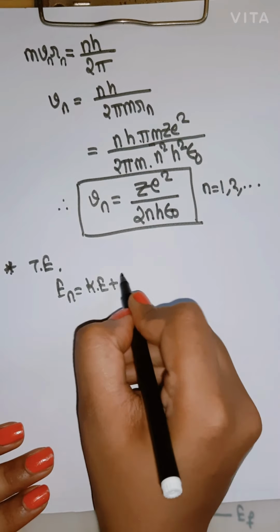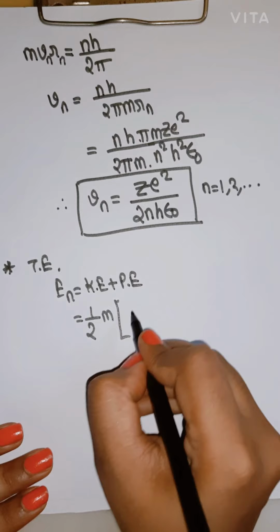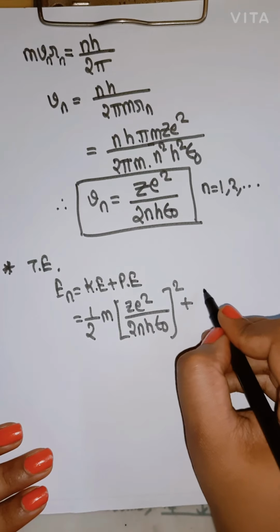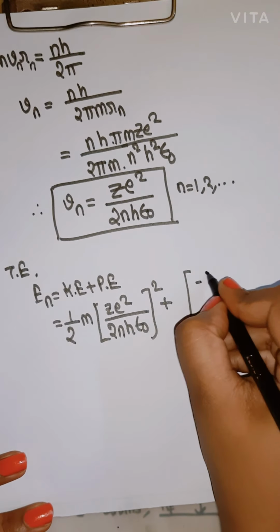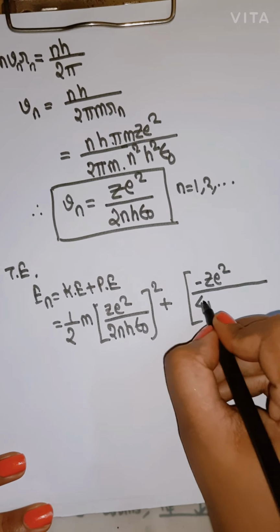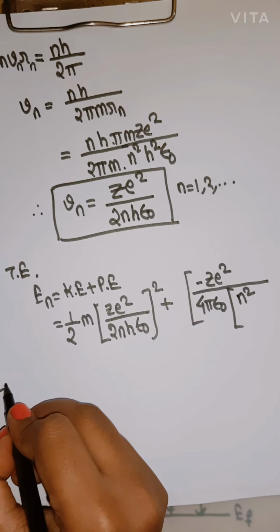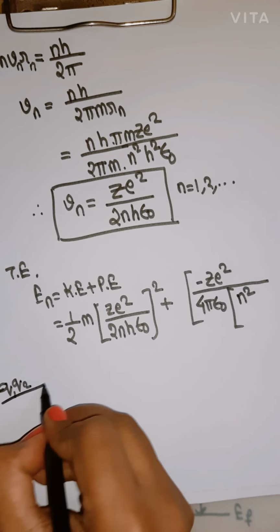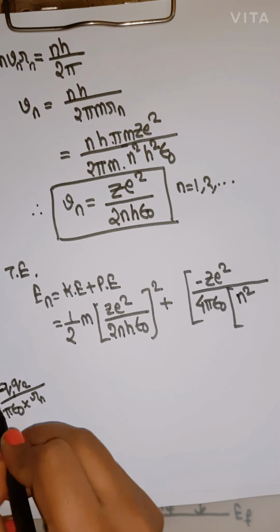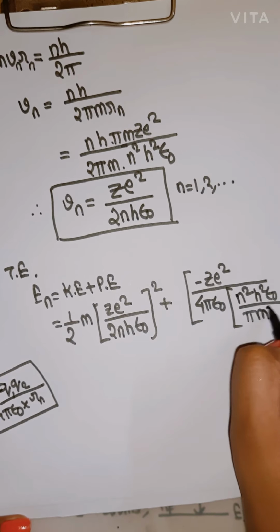As we know, total energy is equal to kinetic energy plus potential energy, which is half mv square plus the charge of the nucleus multiplied by the charge of the electron, that is 1 by 4 pi epsilon naught into q1 q2 by r, with r being rn, which is n square h square epsilon naught by pi m z e square.